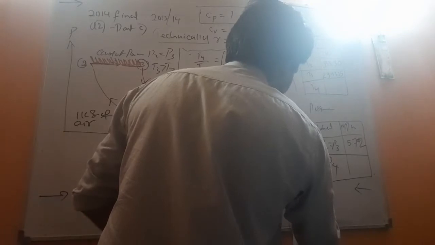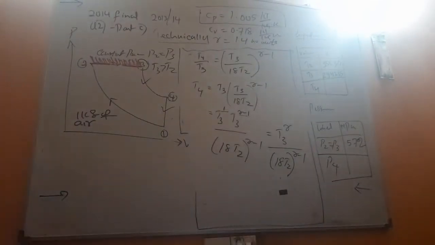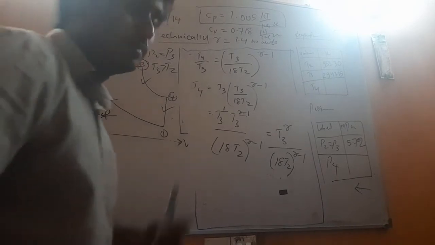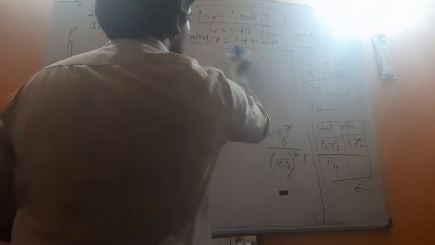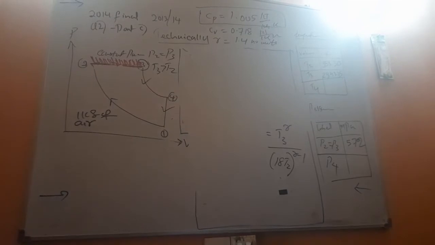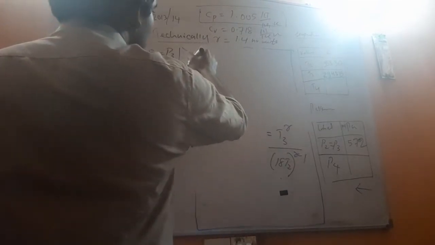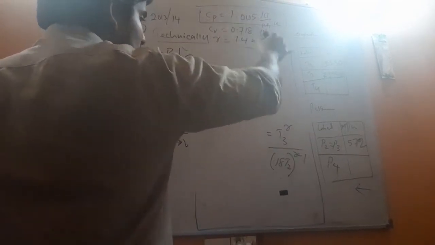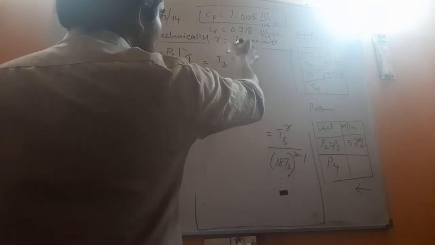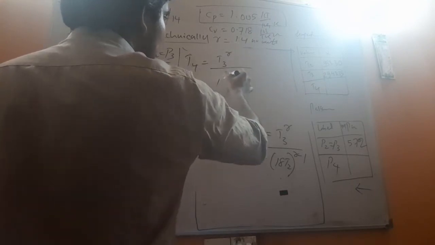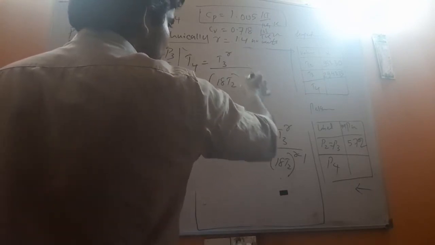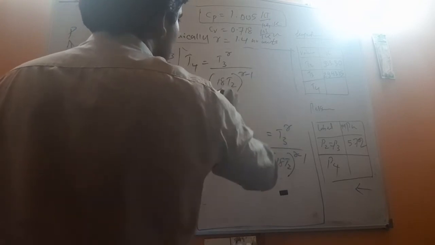Down step what? 18 T2 to the power gamma minus 1. Okay, I hope you got it. So what is T4? The final relationship, what is T4 equals? T3 to the power gamma divided by 18 T2 to the power gamma minus 1.